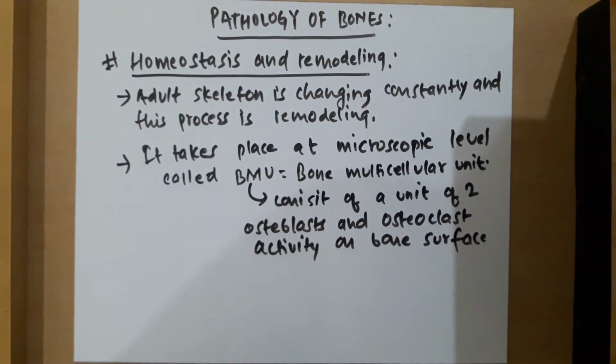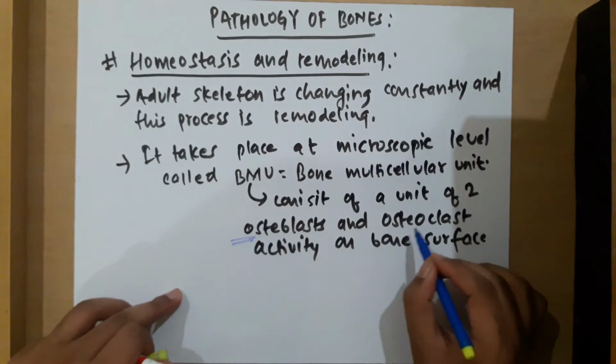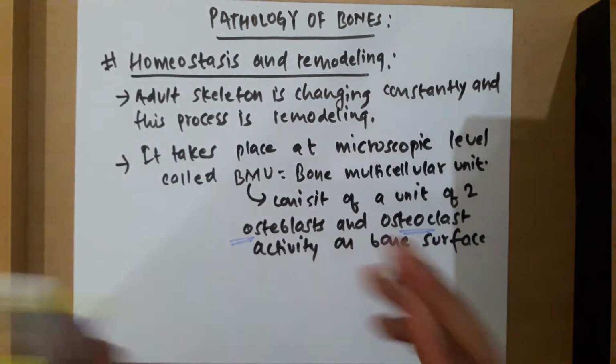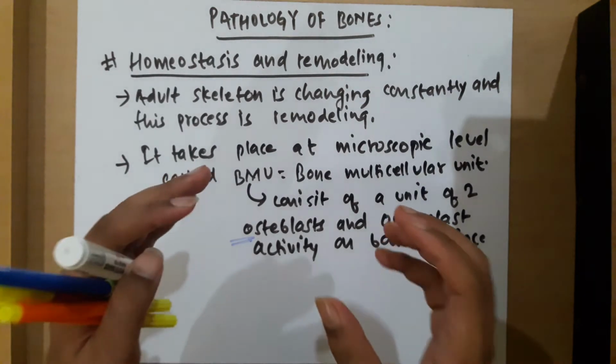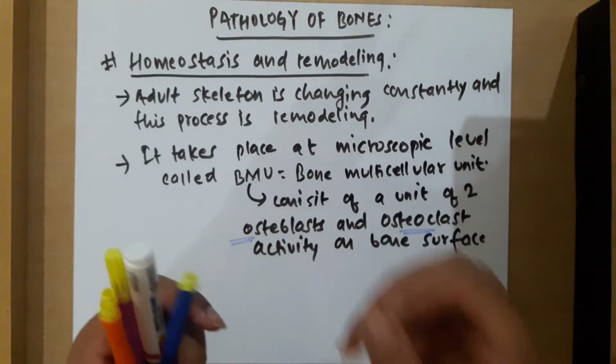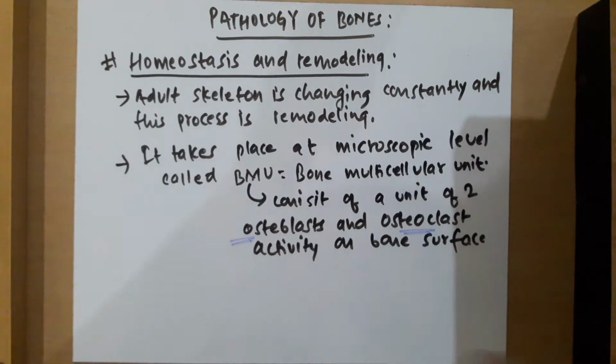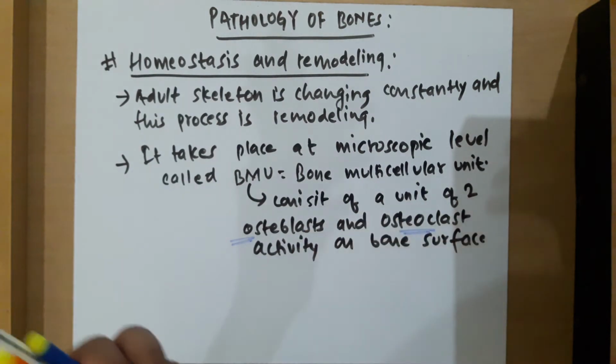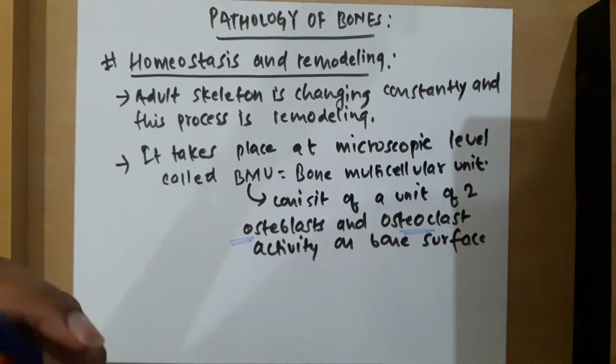So if you don't know about the osteoblasts and osteoclasts, we'll discuss now a bit. So in general, osteoblasts are the cells that lay down the new bone, the lamellae for the formation of the bones.